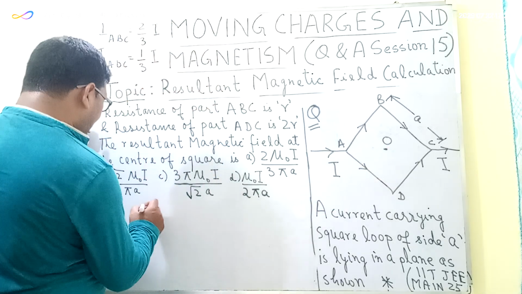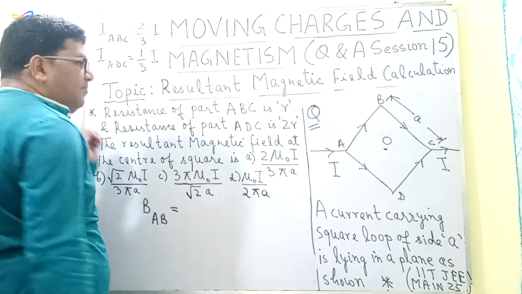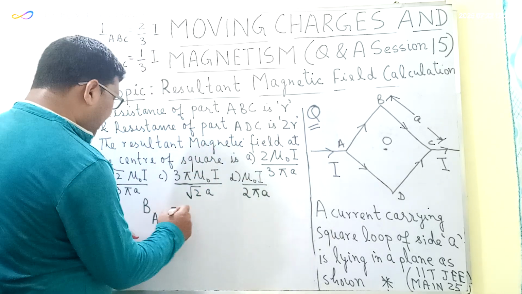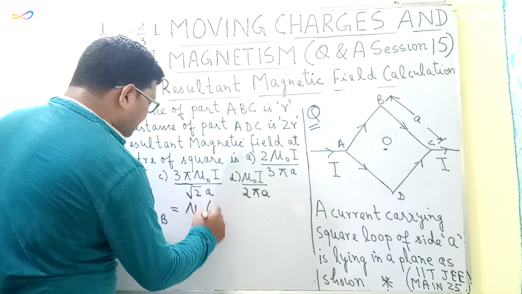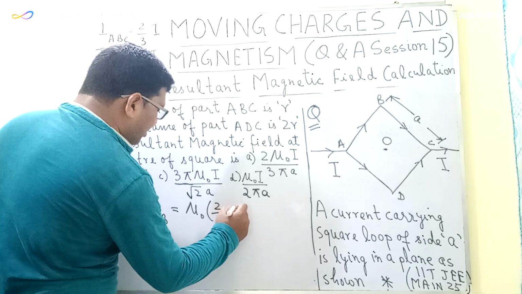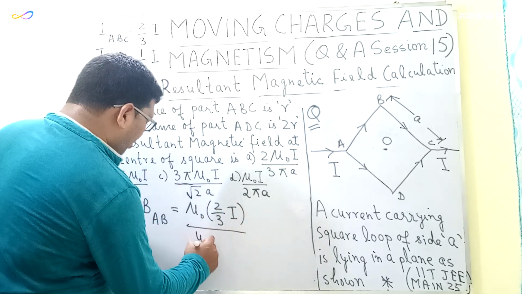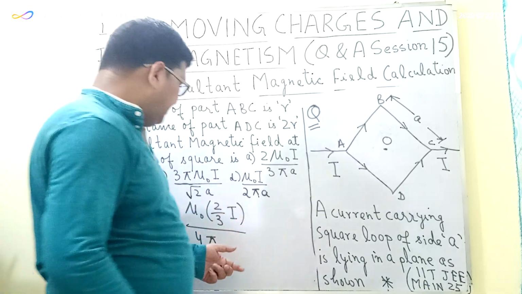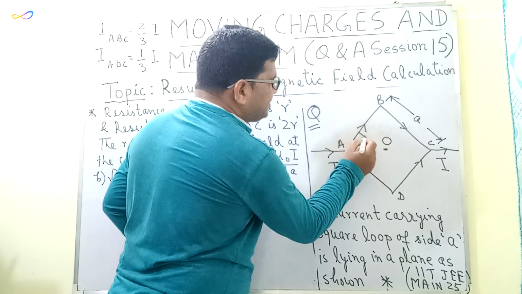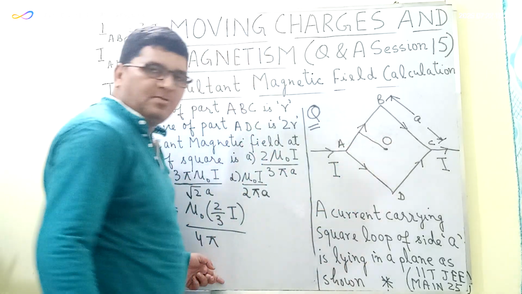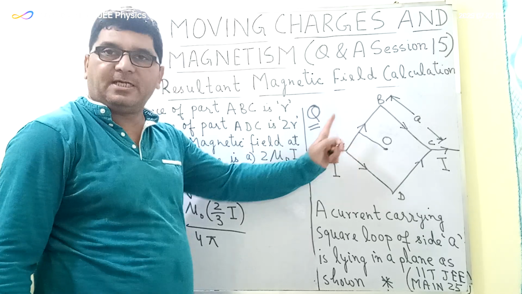So let us first of all find the magnitude of the magnetic field due to the part AB. So B_AB will be equal to mu naught I, now the current in AB is equal to 2 upon 3 I, so I will be substituting the value of I by 2 upon 3 I, divided by 4 pi R. R is the distance of this point from this current carrying conductor.